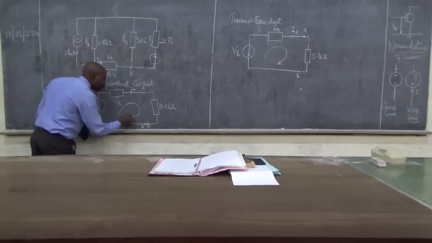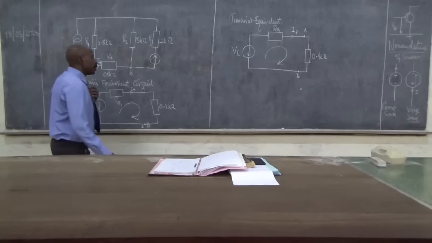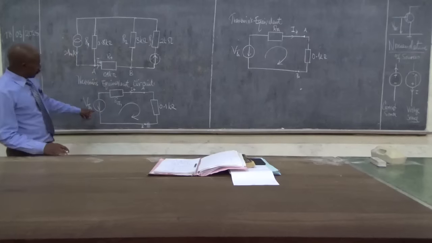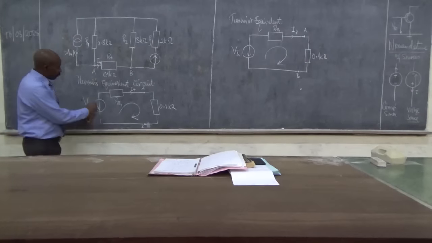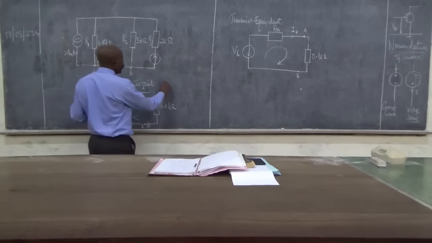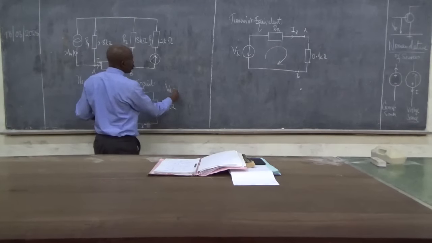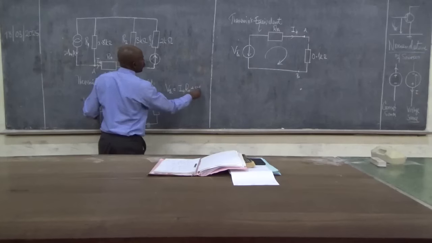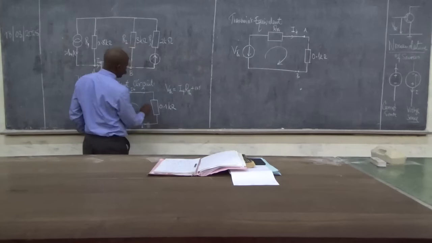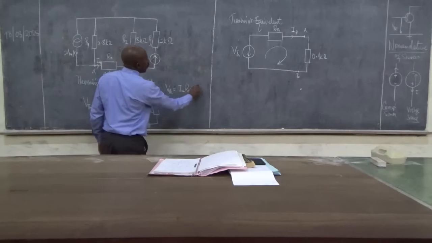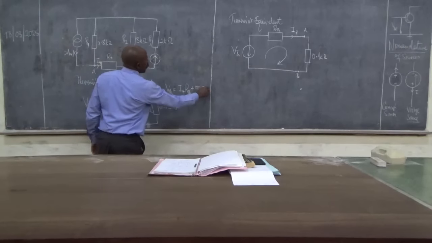The loop will be giving us an equation that the produced EMF, this source, VTH, will be equal to I4 RTH plus 0.1, or why just call it RL for now, plus I4 RL.